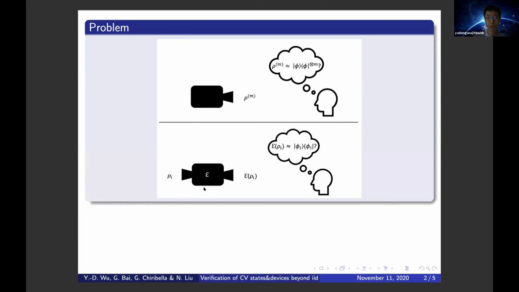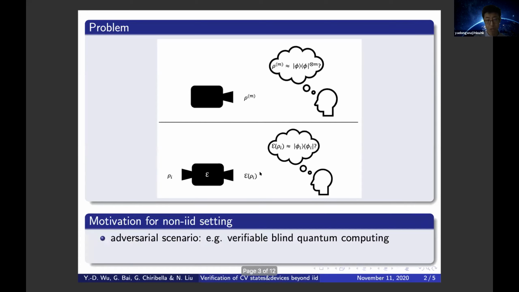And the verifier wants to determine whether this output state is always correct over all the possible inputs. Here, this quantum device doesn't have to work independently and identically in each round. We have two motivations for this non-IID setting. The first is in adversarial scenarios, like verifiable blind quantum computing.